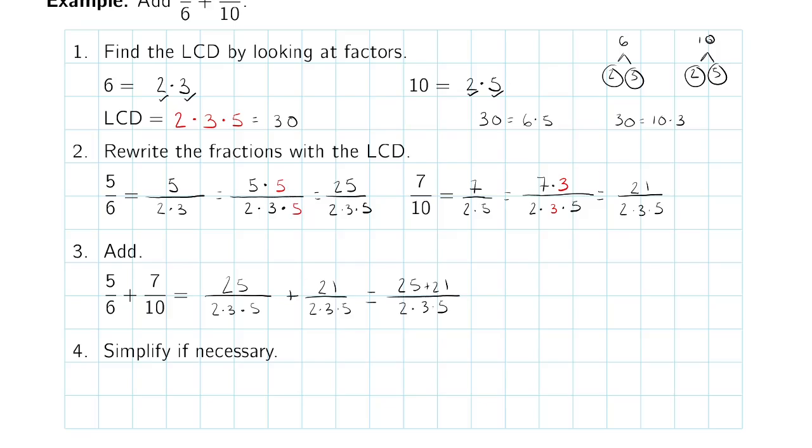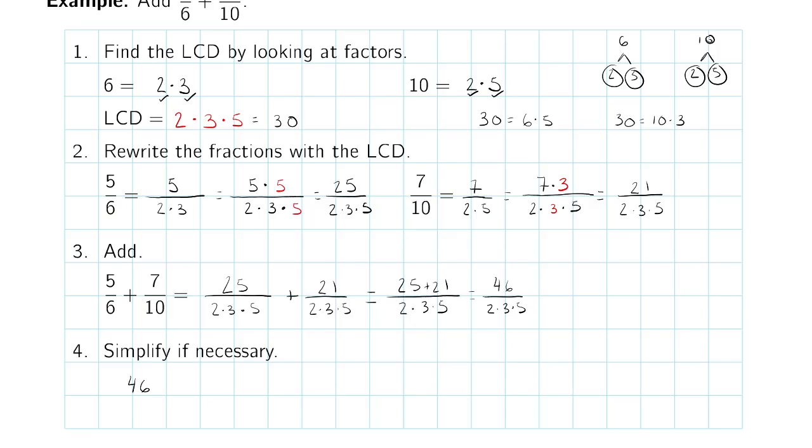Actually adding 25 plus 21, I get 46 over 2 times 3 times 5. So now I'm done adding. Finally, I want to simplify that.